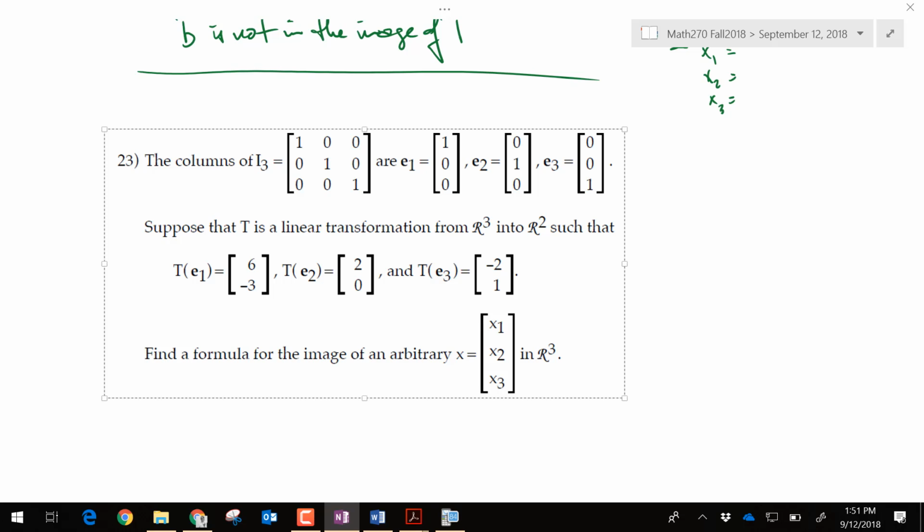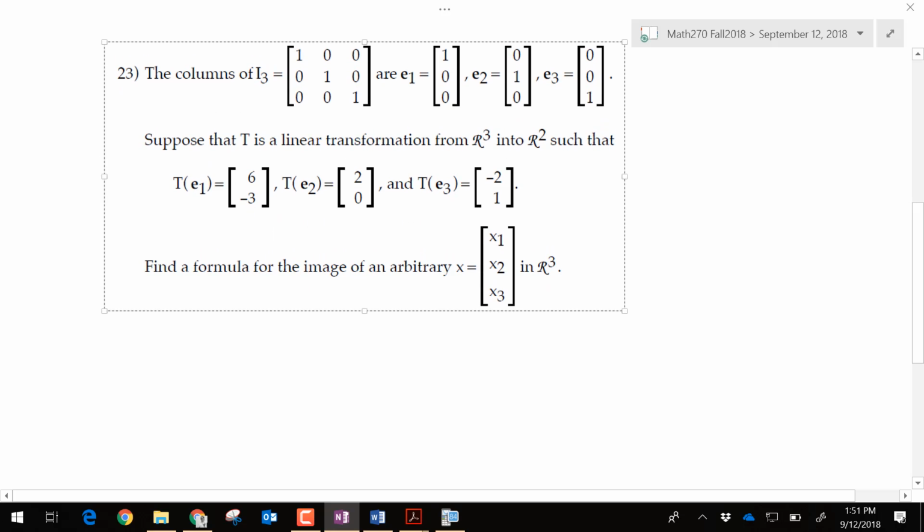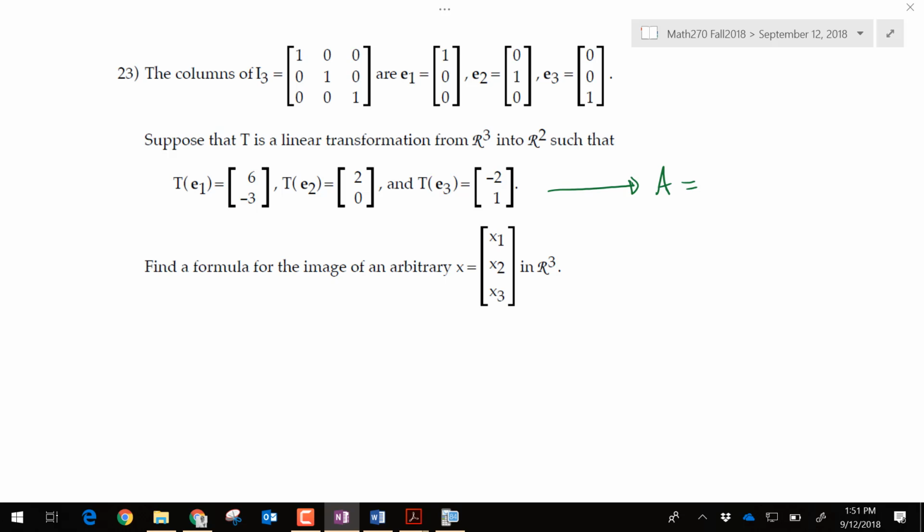We could do that, and I'm also interested in finding the formula for A, our standard matrix for the transformation, because it's kind of given to us already. In fact, that's probably a little bit easier to do. So although this is not part of the question, we can find our standard matrix A. And we know that if it takes your standard basis vectors, E1, E2, and E3, and sends them to these vectors, then those vectors actually make up the columns of your matrix.